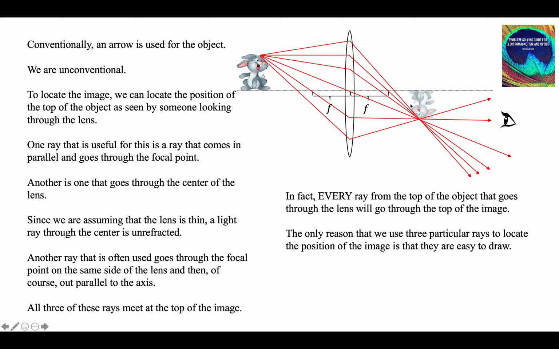In parallel, out through the focal point, that's easy to draw. In through the focal point, out parallel, that's easy to draw. It's easy to draw a line parallel to the axis. This one, it's hard to figure out how to get that one. You have to be careful if you're going to get that one. So these are the three rays. You only need two of them to find the point.